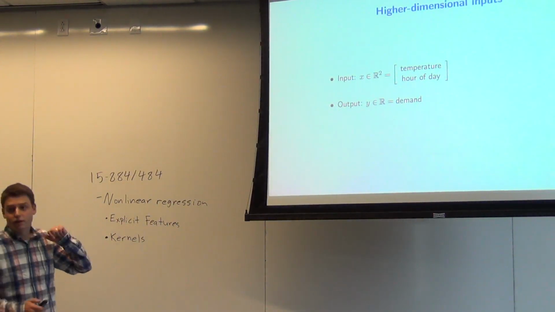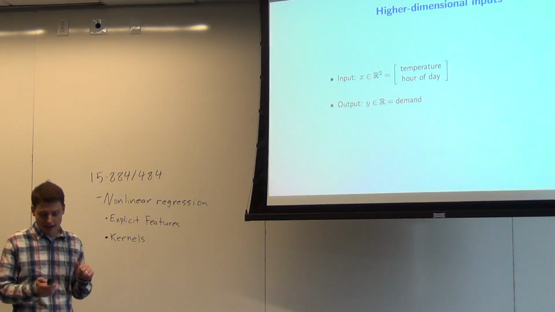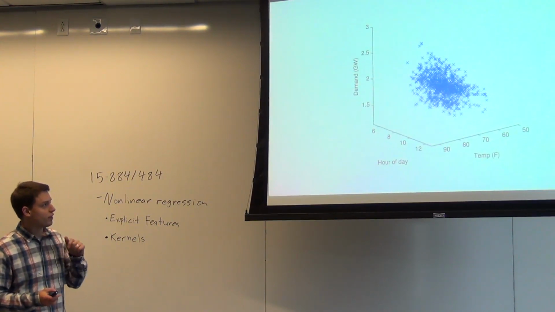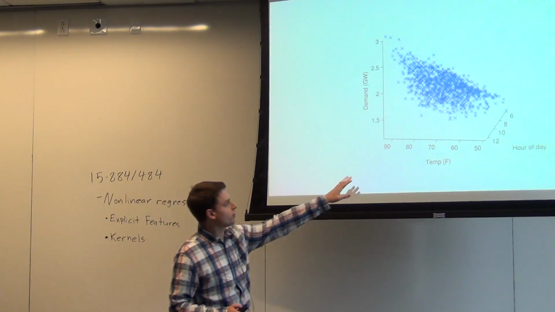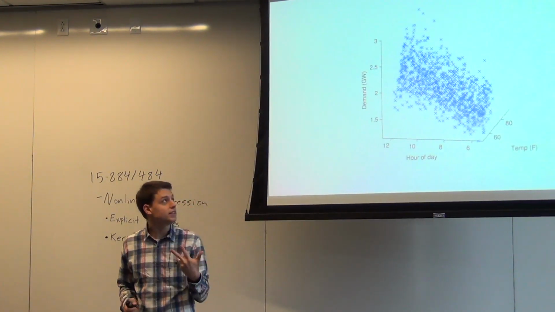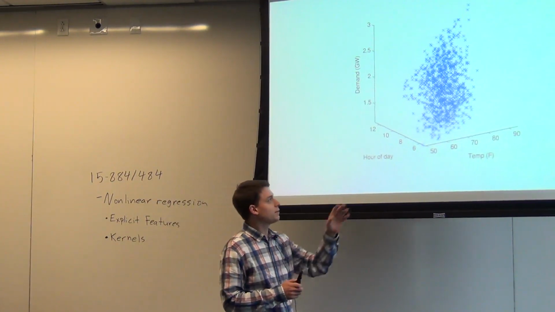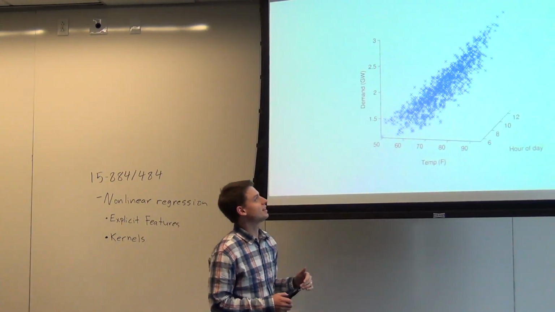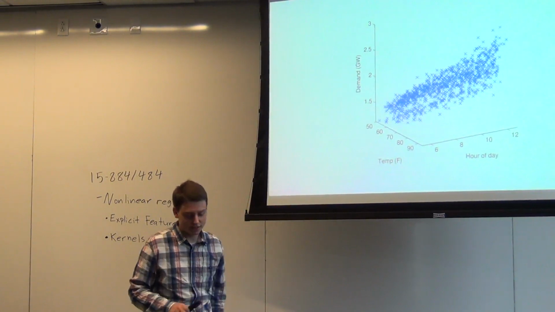The one point I wanted to make from last time was that I showed this little figure here of temperature and hour of day. And this shows the demand in gigawatts, varying temperature and hour of day. Maybe I should have slowed this down a little bit. It's kind of moving very fast here.